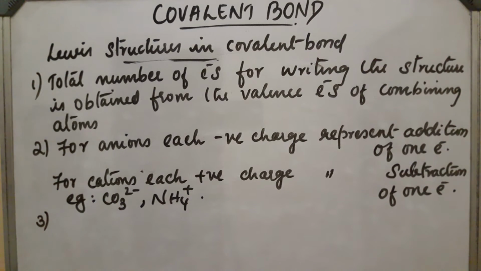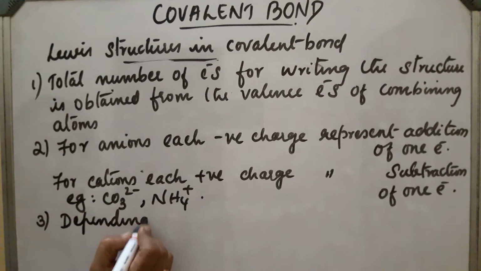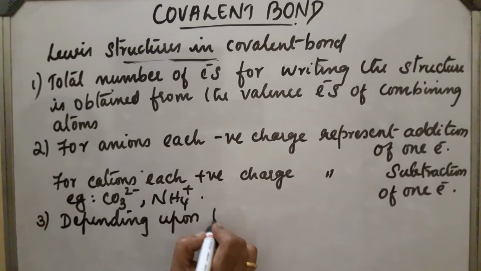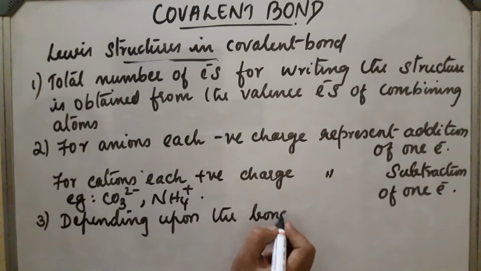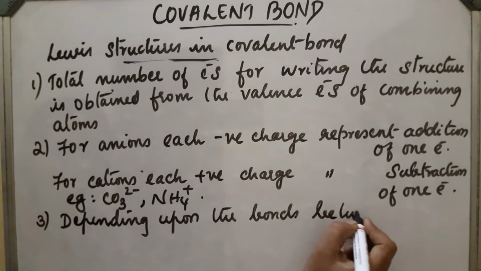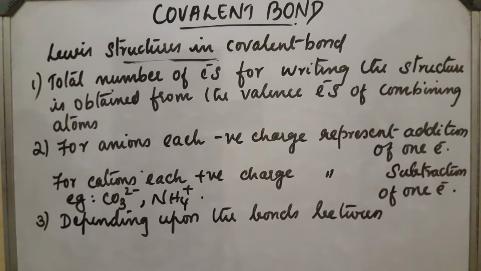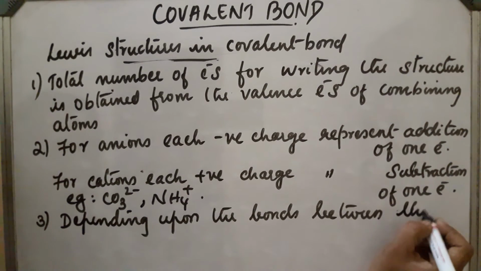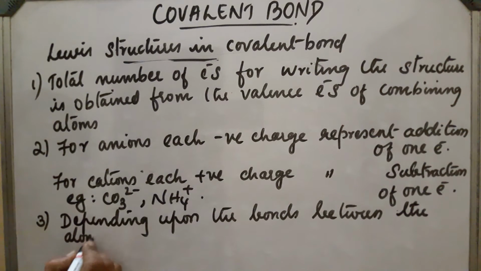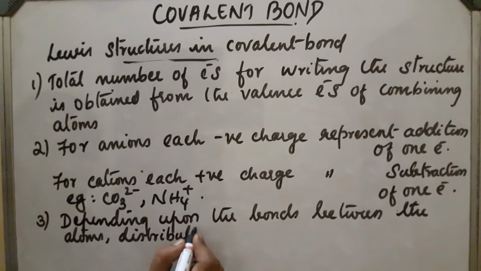Then depending upon the bonds between the atoms, distribute the total number of electrons as bonded shared pairs. Depending upon the bonds between the atoms, distribute the electrons for the bonded pairs.